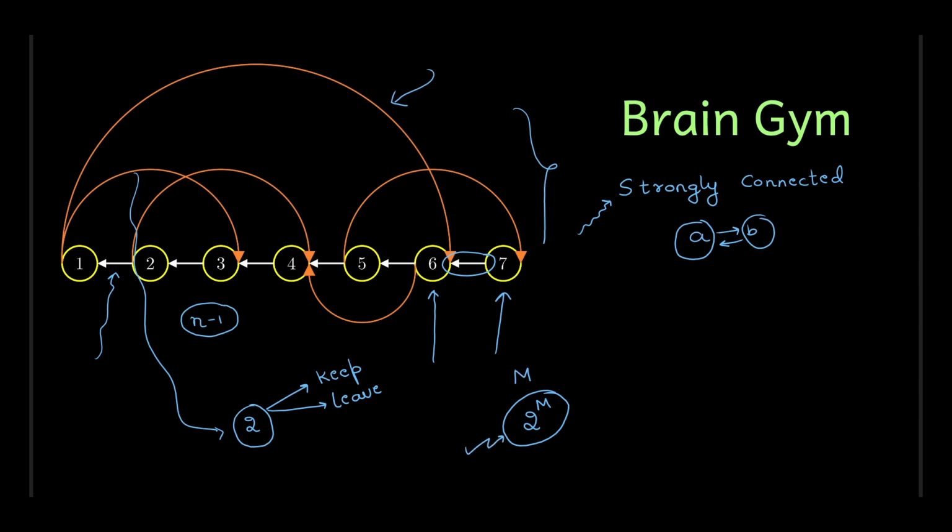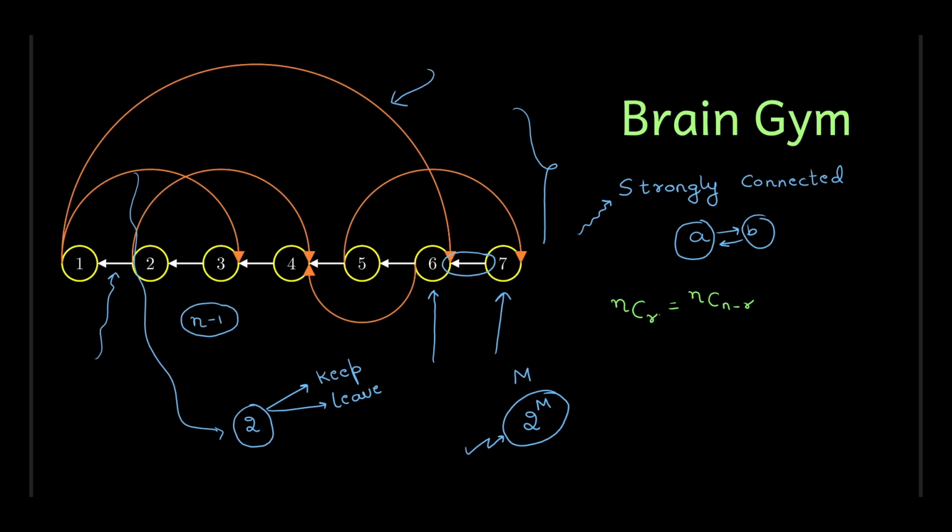Now the problem is asking you to delete a subset of the edges, but you must remember from when you were learning about sets and subsets, or more specifically NCR, that NCR is equal to N C (n minus R). Why is that true?